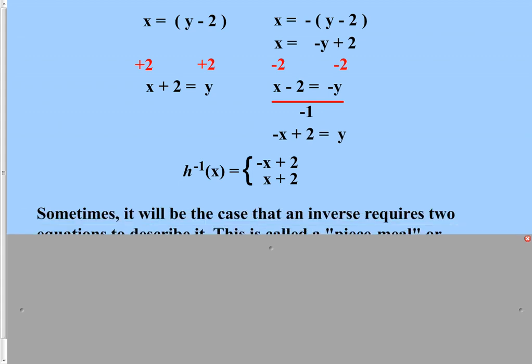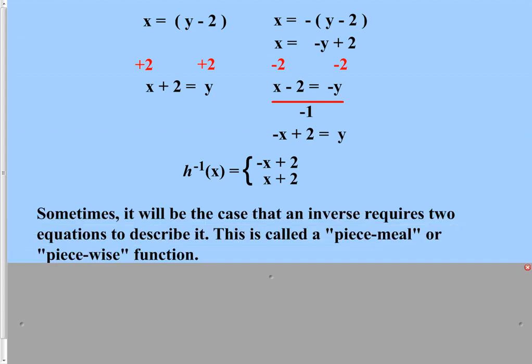Now, a couple of little side notes here. Sometimes it will be the case that an inverse will require two equations to describe it. This is called a piecemeal or piecewise function.